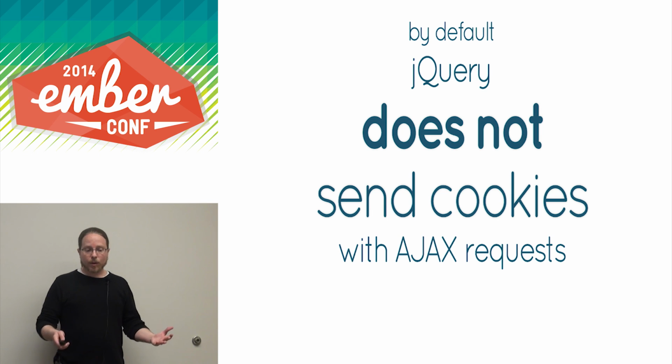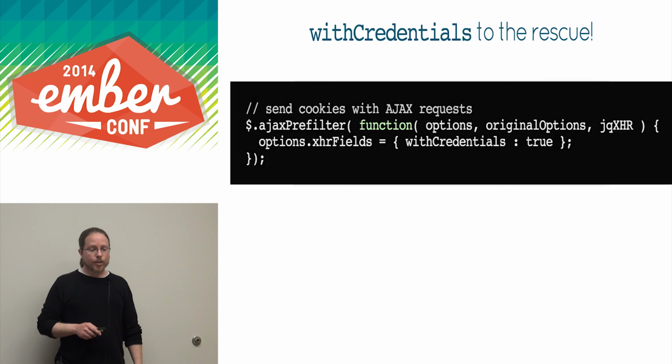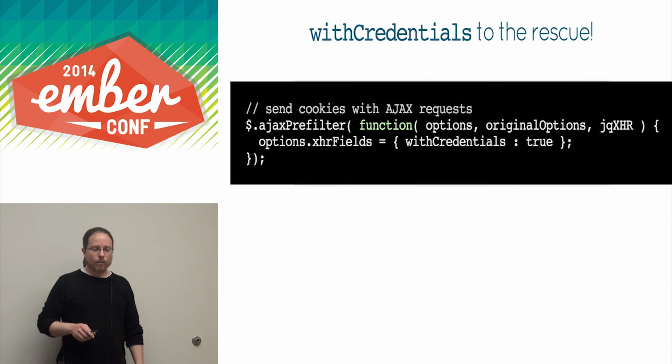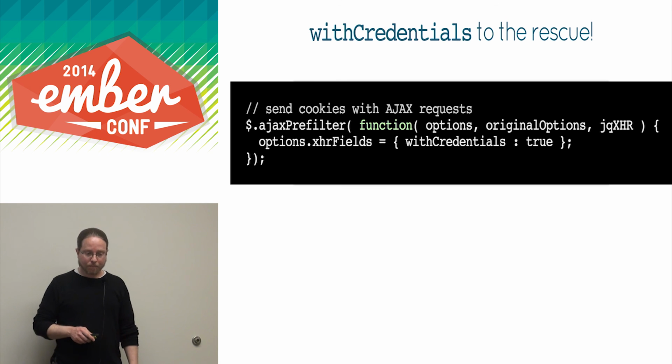So jQuery has something called withCredentials that we can use to make this work. It's possible to set withCredentials just on each request, but that can be kind of problematic, and there's not really a very clear way to do that on a request-by-request basis in Ember Data. So what I've done is set up an Ajax pre-filter that is run every time jQuery tries to make any Ajax request.